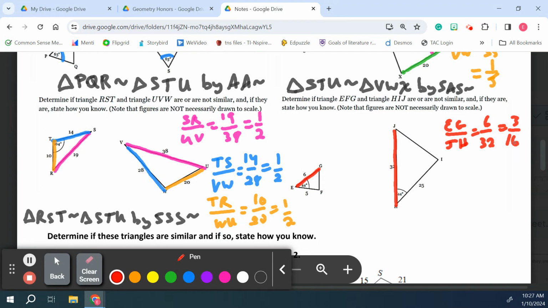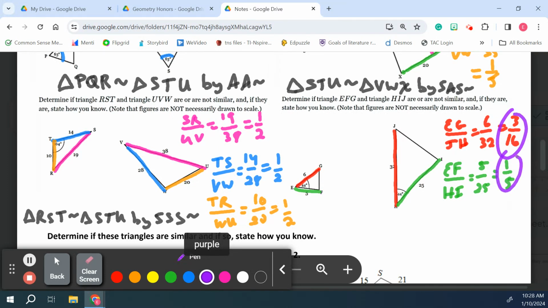Okay, so in order for this to work, the other one's got to be 3 over 16. So now I'm going to look at EF and HI. So EF over HI is going to be 5 over 25, which ends up being 1/5. These are not equal. They have to be equal.